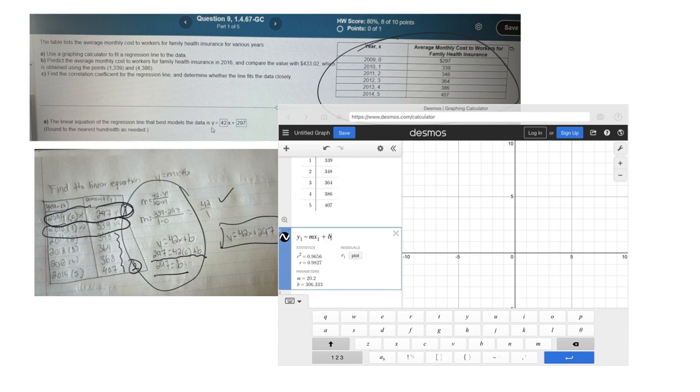Now here in the question it says to the nearest hundredth, so I would write my equation as y is equal to, here's the slope, 20.2, so I'll go 20.20 because they wanted a hundredth, x, and then here's my y-intercept, so plus 306.33.